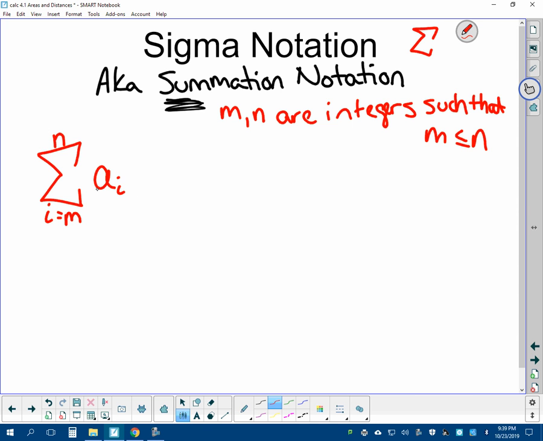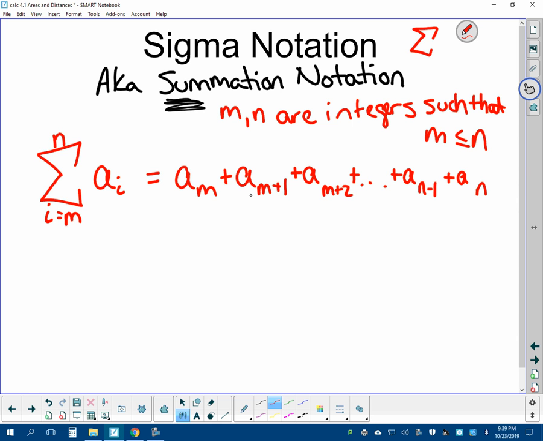So if I were to do this problem, what it is telling me is my first i is m. So if I plug that into my formula, I would have a sub m. And then I have to go all the way to n. So my next one would be a sub m plus 1, plus a sub m plus 2, plus dot, dot, dot, all the way until I get to a sub n minus 1 and a sub n.